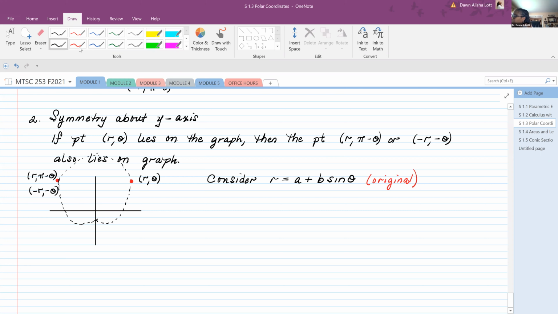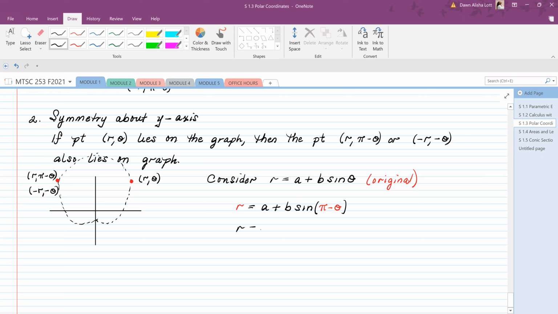So we're going to put in r equals a plus b times the sine. And now I'm going to put in pi minus theta. And if the equation comes back again, then I know it works. Okay, so let's see what we get.